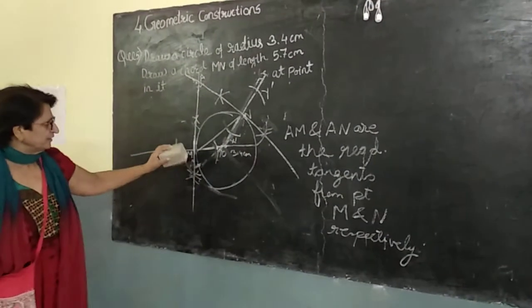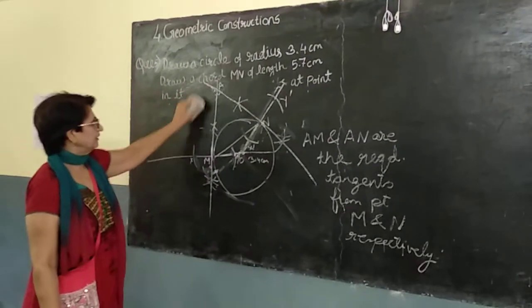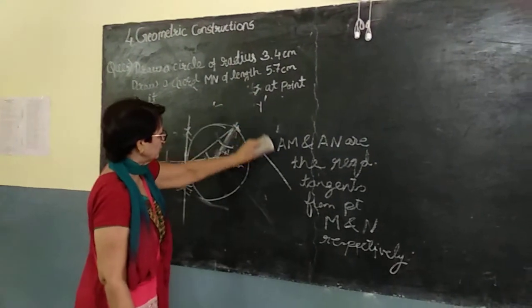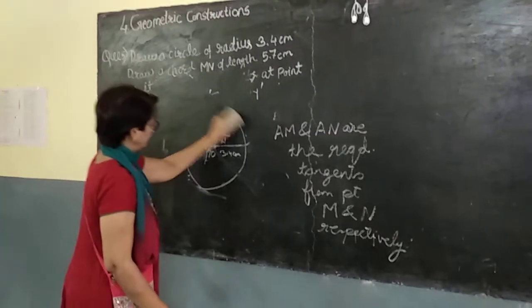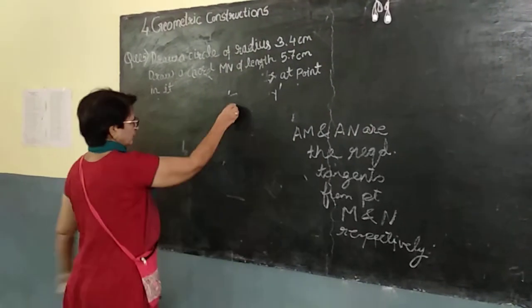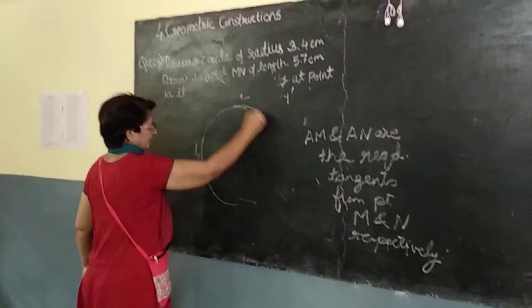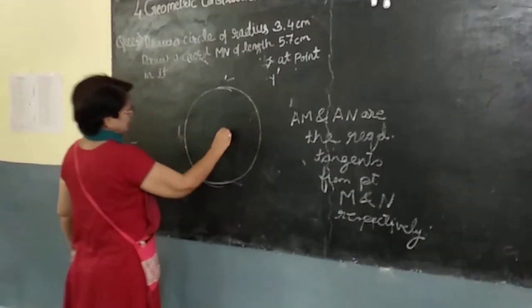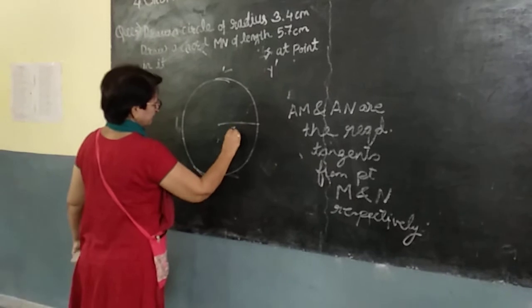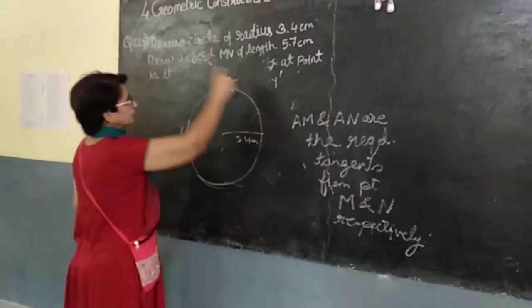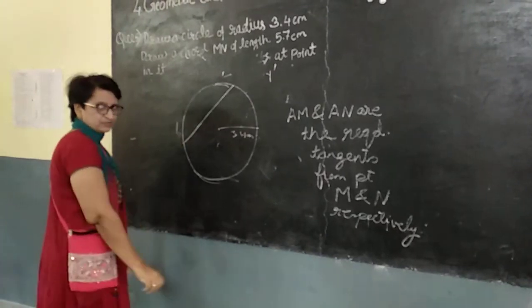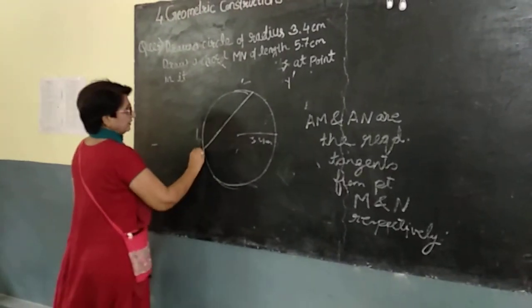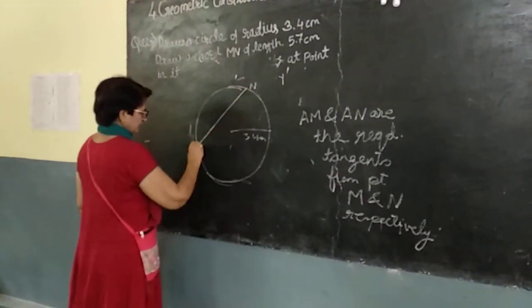Again, I can tell you once more if you want. Draw a circle of radius 3.4 centimeter. Draw a chord of length 5.7 centimeter, MN. Then what we have to do?